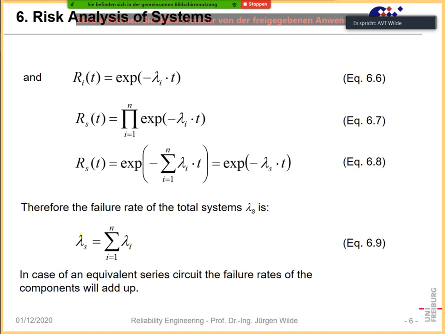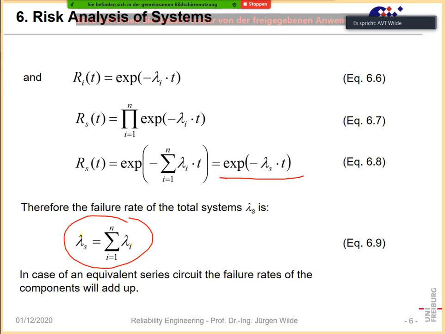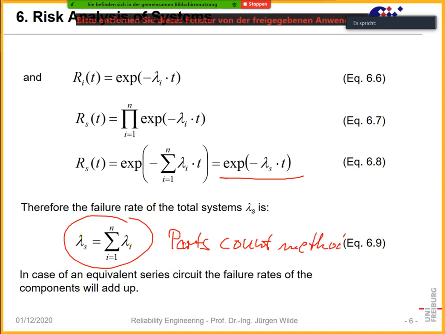And when you replace this sum of all lambda e with a lambda s, you end up with this formula. Rs is e to the power of minus lambda s times t. And just adding the individual failure rates, that's the so-called parts count method.